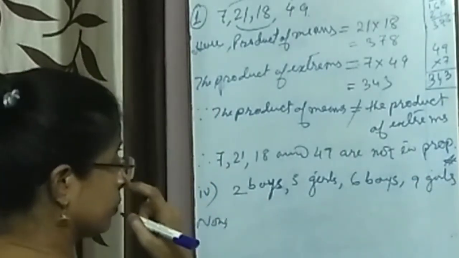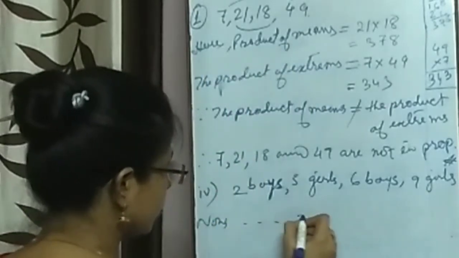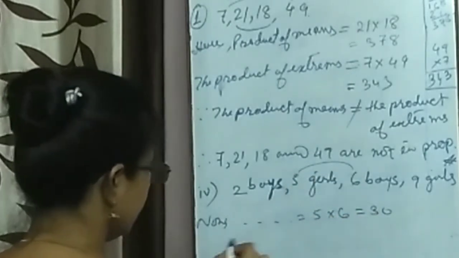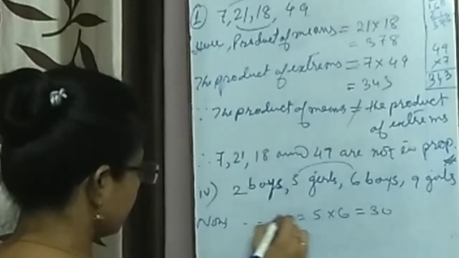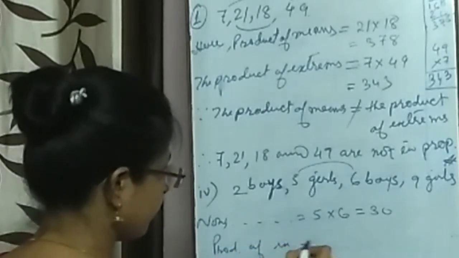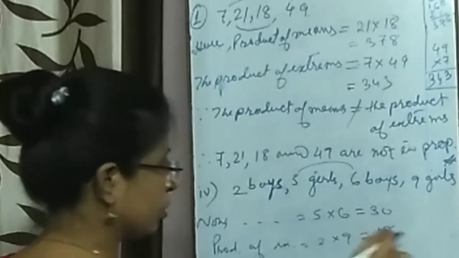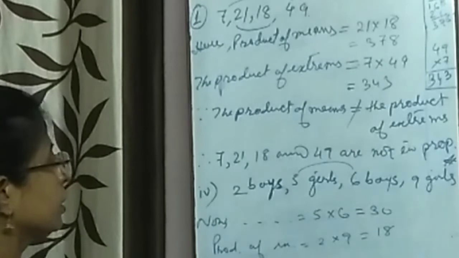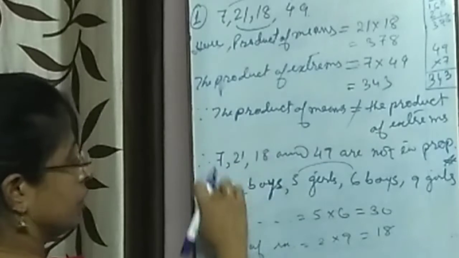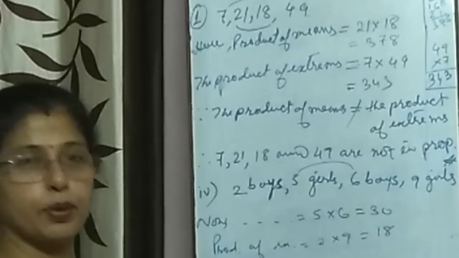Now the same way you write the product of means is equal to, here we will take 6 and 5, 30. Then the product of extremes, 2 and 9. So the two are not equal. So you write, since the product of the means is not equal to the product of the extremes, therefore 2 boys, 5 girls, 6 boys and 9 girls are not in proportion.